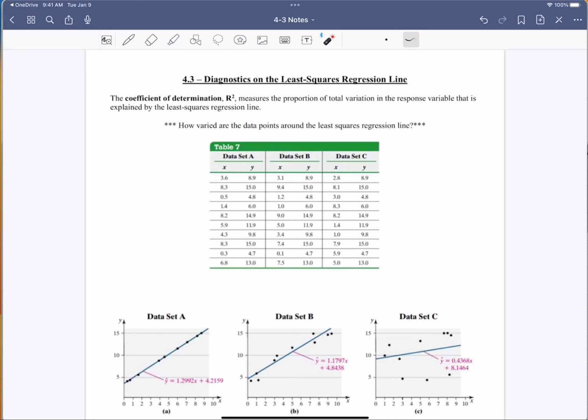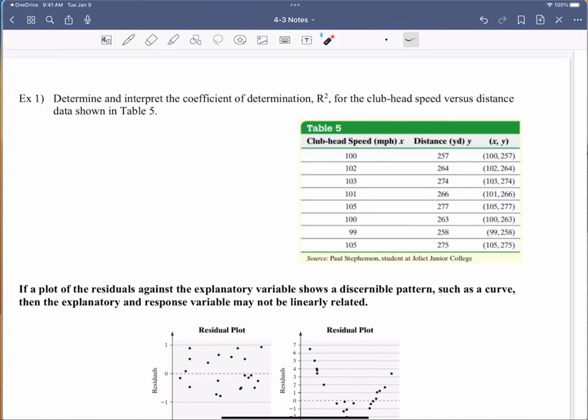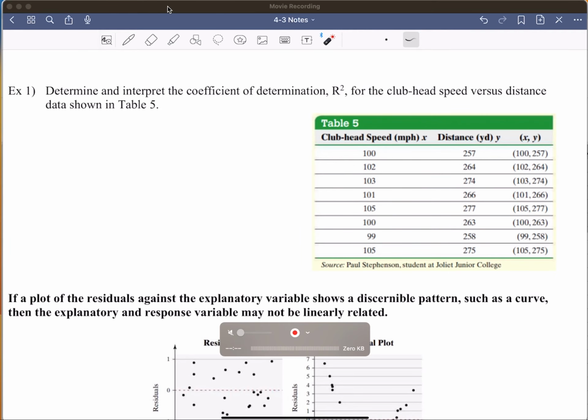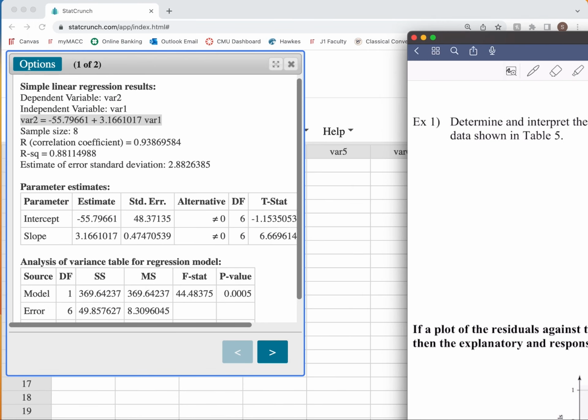All right, so let me scoot this over here. We want to use the same data we've been using this whole time, and we're going to determine and interpret the coefficient of determination. Well, guess what? Where do you think you're going to find that coefficient of determination? The exact same place that we have found everything.